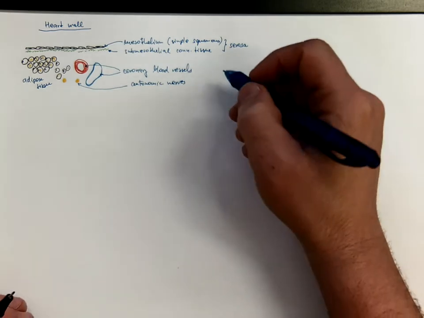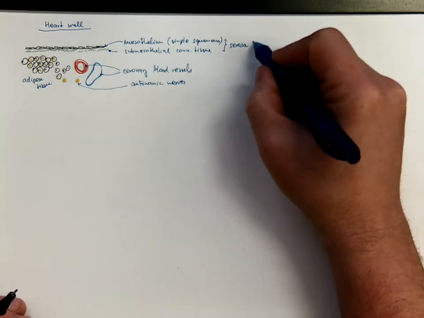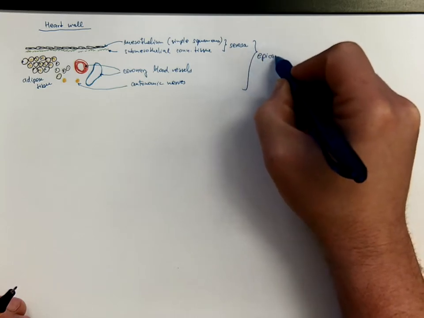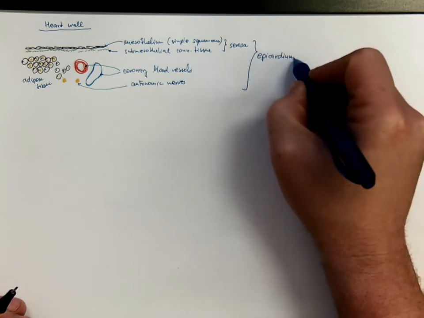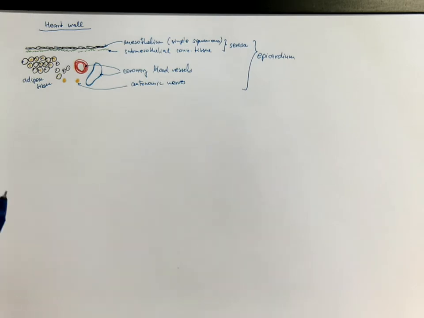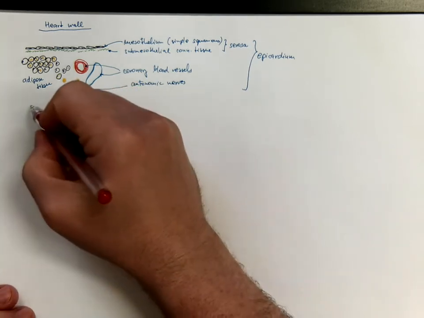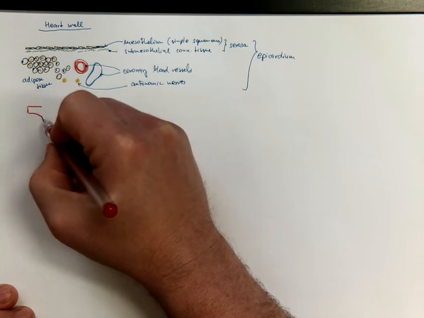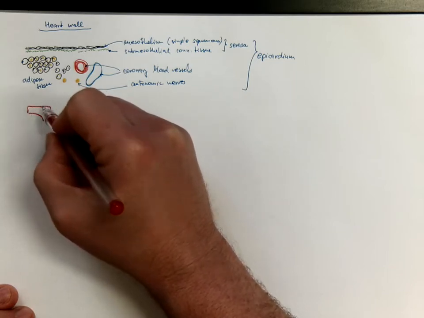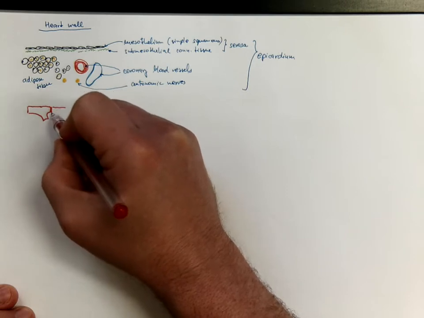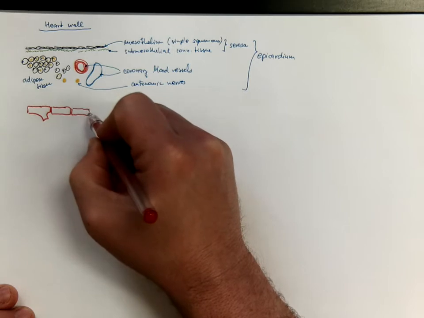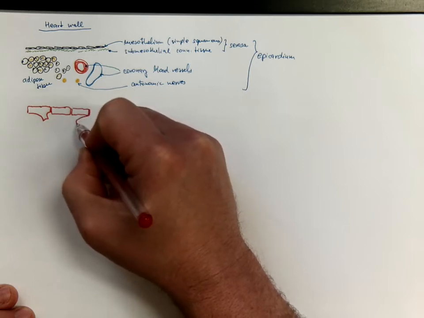And this is the layer called epicardium. Then comes the muscle layer, the myocardium. As we already know from the histology of cardiac muscle, there are cardiac myocytes that are slightly branched.